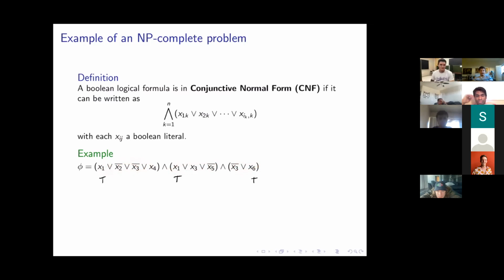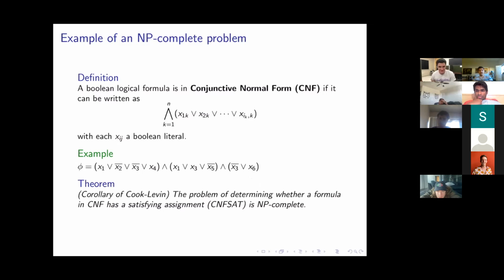But you can also come up with examples where it's much harder to find a satisfying assignment. And in general, you can ask, given a formula in conjunctive normal form, is there a satisfying assignment? Because if I have something like x1 and NOT x1, then there's not going to be an assignment. It turns out that this problem, looking at whether or not there is a satisfying assignment, is an NP-complete problem.